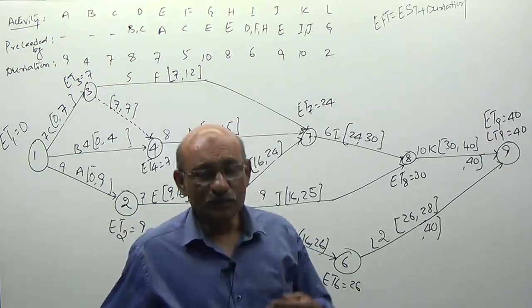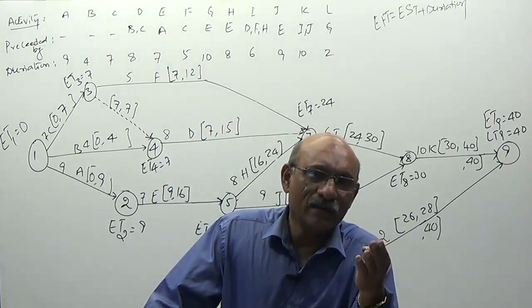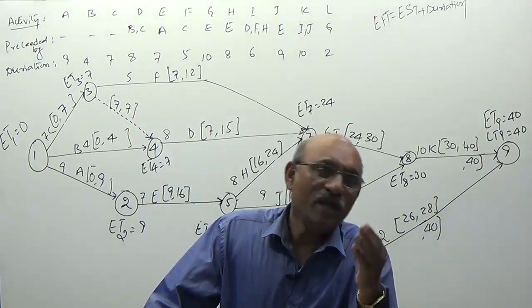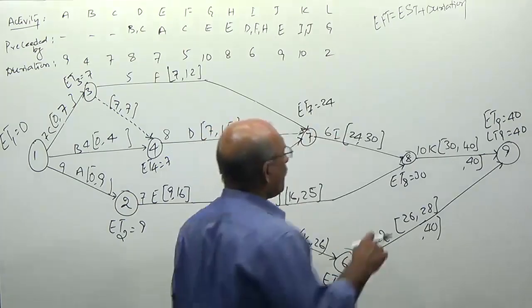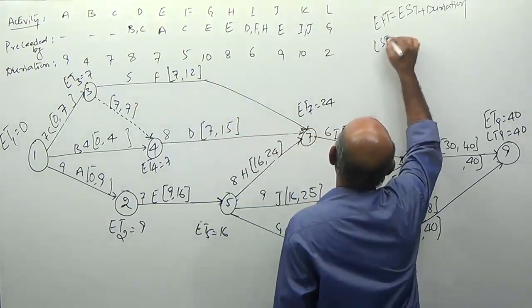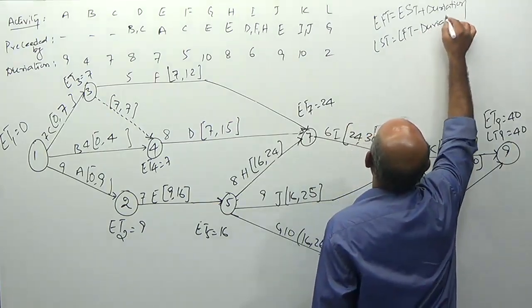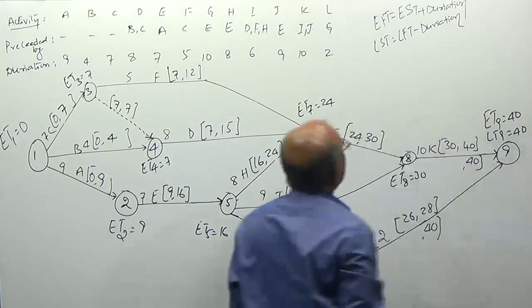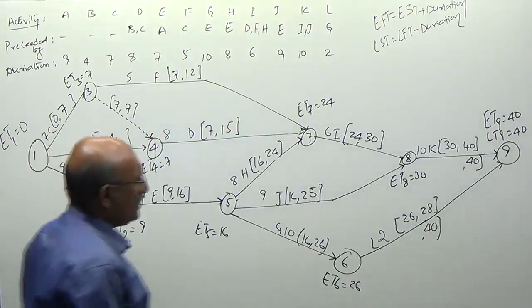Now, from the finishing time, if I subtract the duration, I'll get the latest time. So, latest starting time is equal to latest finishing time minus duration.